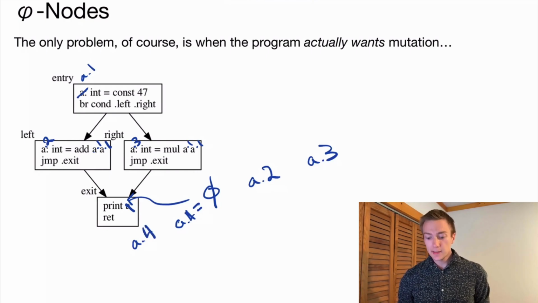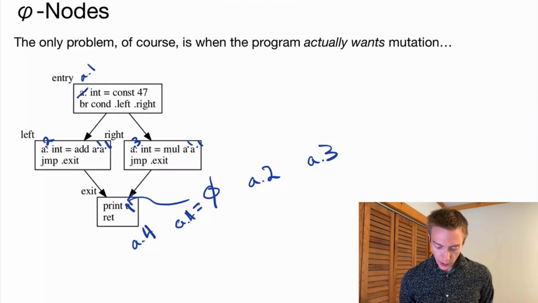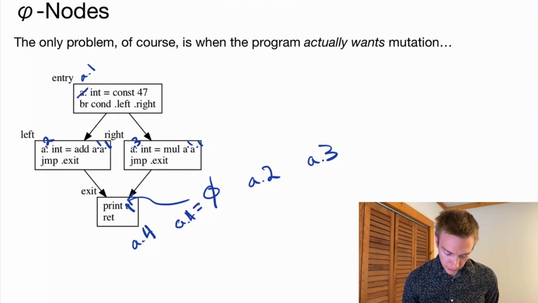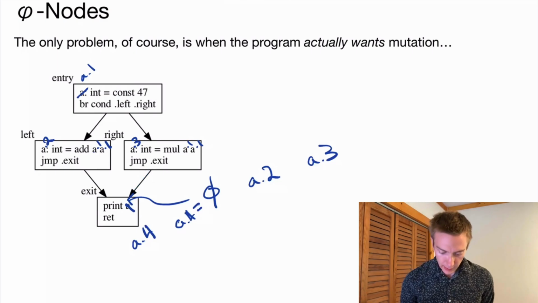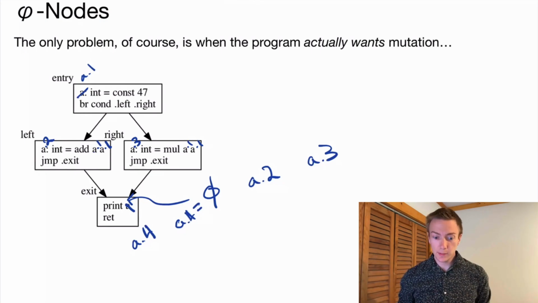The phi node needs to select between these two options depending on the control flow edge that is incoming to the current block. So either it's that one or it's this one. And depending on which one, we'll choose either a.2 or a.3. There's many different ways to conceptualize how to label the different edges that you're incoming on, but a typical one is to use the labels of the incoming blocks.